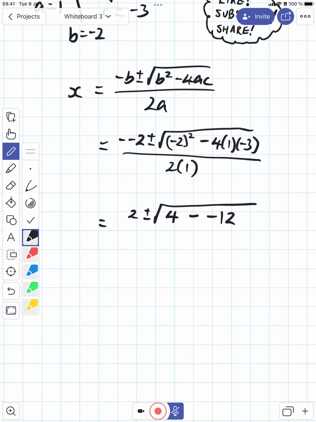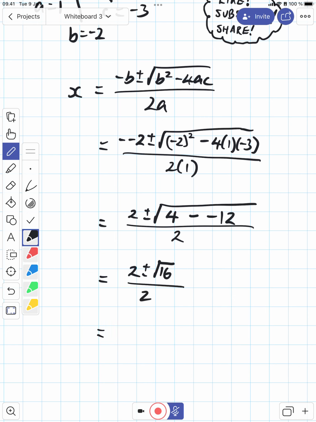So I've got minus 12 in the square root symbol. I need to be a bit careful with that. All over 2 times 1, which is just 2. So I've got 2 plus or minus the square root of 4 minus minus 12, which is the same as plus, so that's 16, all divided by 2.